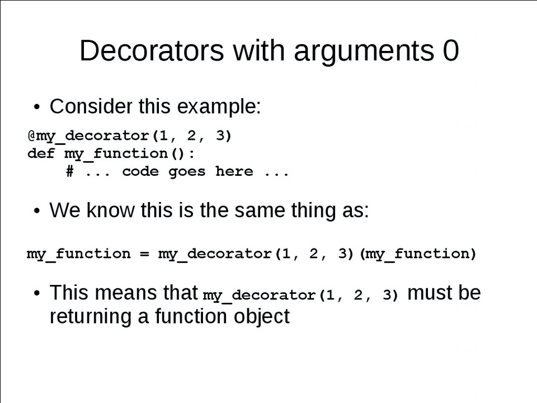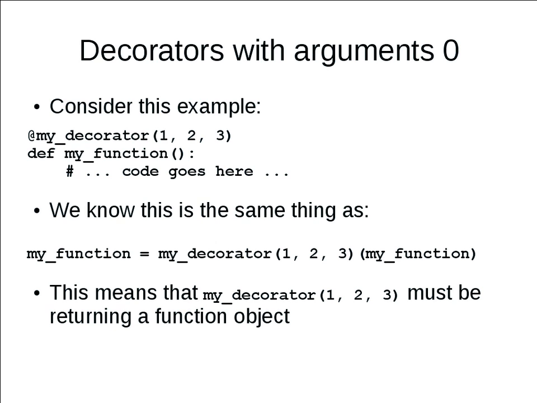So now let's consider decorators with arguments. This is getting deeper into the Inception now. When we call @myDecorator with 1, 2, 3 here, it's a decorator. Well, we know that decorators are functions that take a single argument of the function reference.